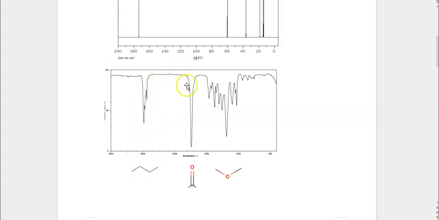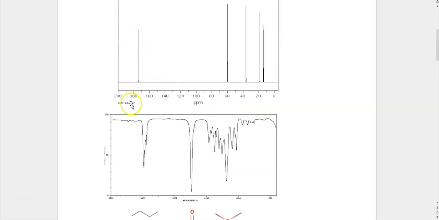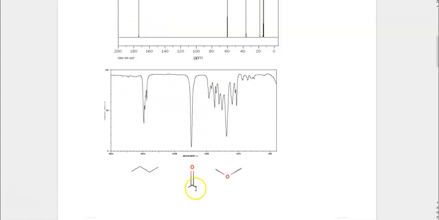And then at approximately 1,750, you have the carbonyl group, which was indicated right over here in the 13C NMR spectrum. And next, you have another significant peak up here at around 1,200 in the upfield, which indicates carbons bonded to an oxygen atom by 2 single bonds.